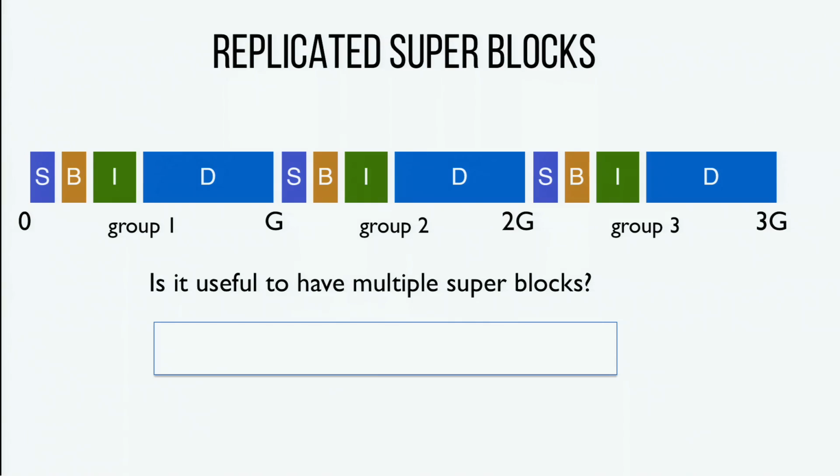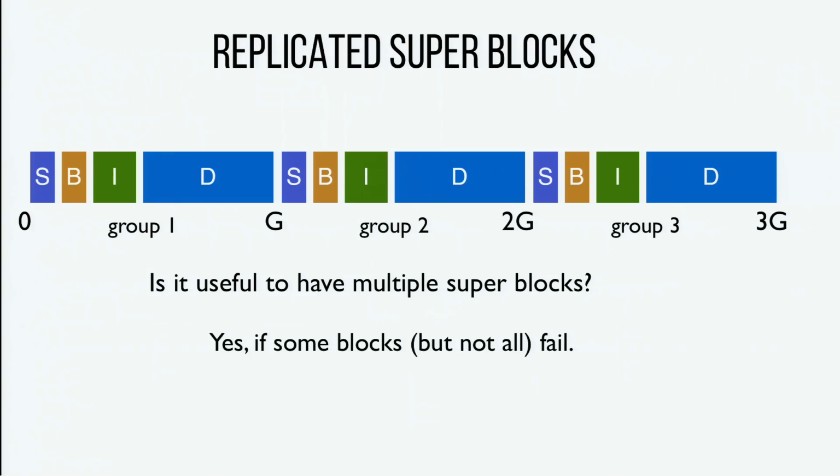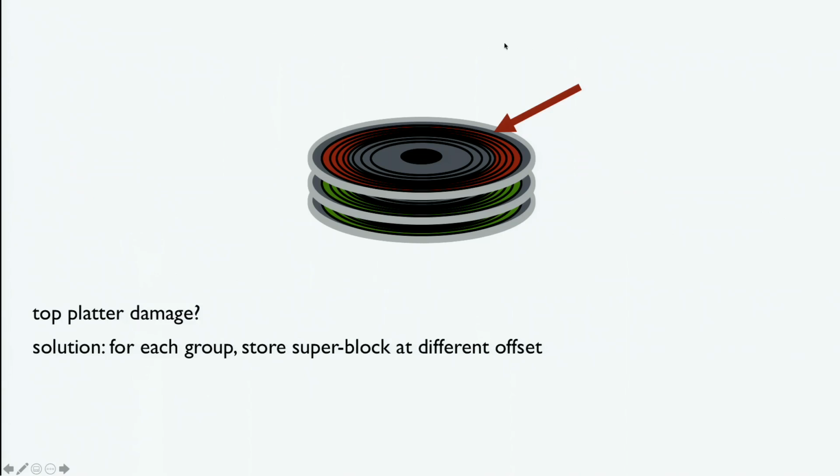You need the super block in order to do anything with your file system. Once you know how important that super block is, you'd better keep a bunch of copies of it, because if one of them is corrupted, you wouldn't be able to read your file system at all. So we are going to replicate the super block.